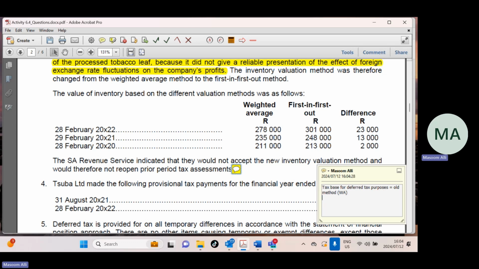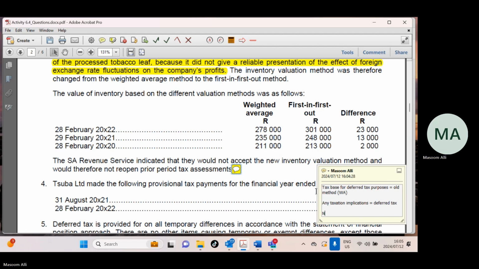Also, any taxation implications will be deferred tax. There won't be current tax because SARS is not going to reopen the tax assessment for those years. So those assessments cannot change, your current tax figure will not change.